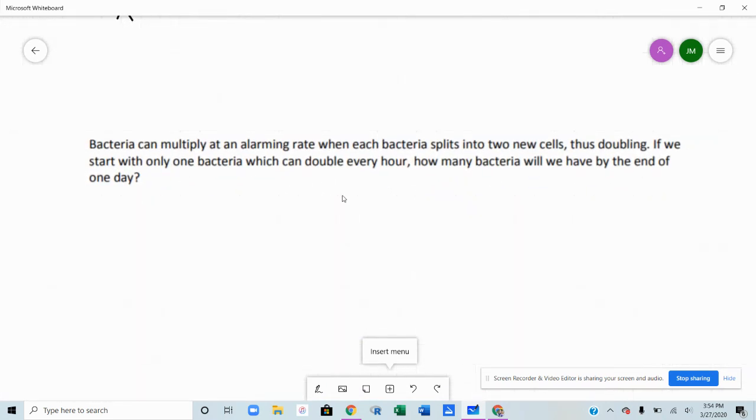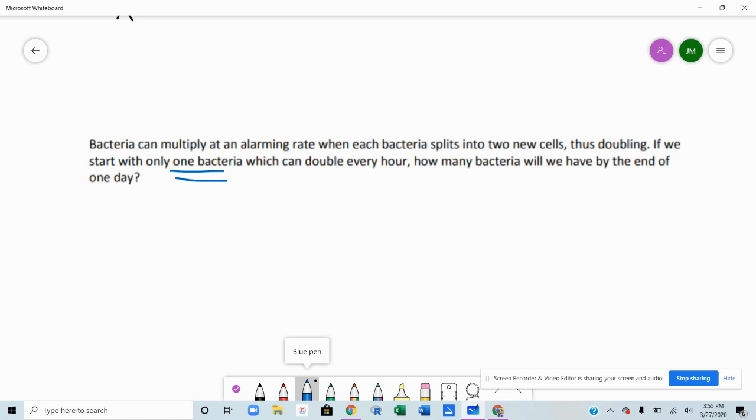So we've got that bacteria can multiply at an alarming rate when each bacteria splits into 2 cells, thus doubling. If we start with only one bacteria, which can double every hour, how many bacteria will there be by the end of 1 day? So first of all, we want to make sure we know how many are we starting with and what is our changing rate.